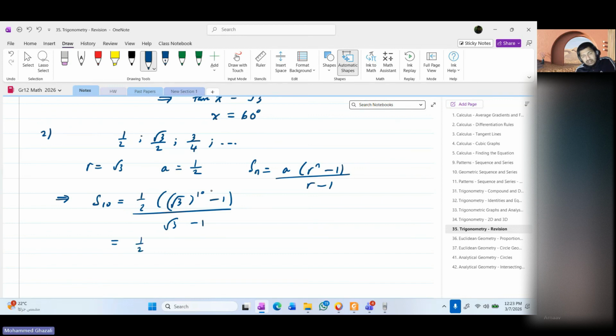Root 3 to the power 10 is just going to be 3 to the power 5, because this is 3 to the power half, to the power 10, which is just 3 to the power 5.